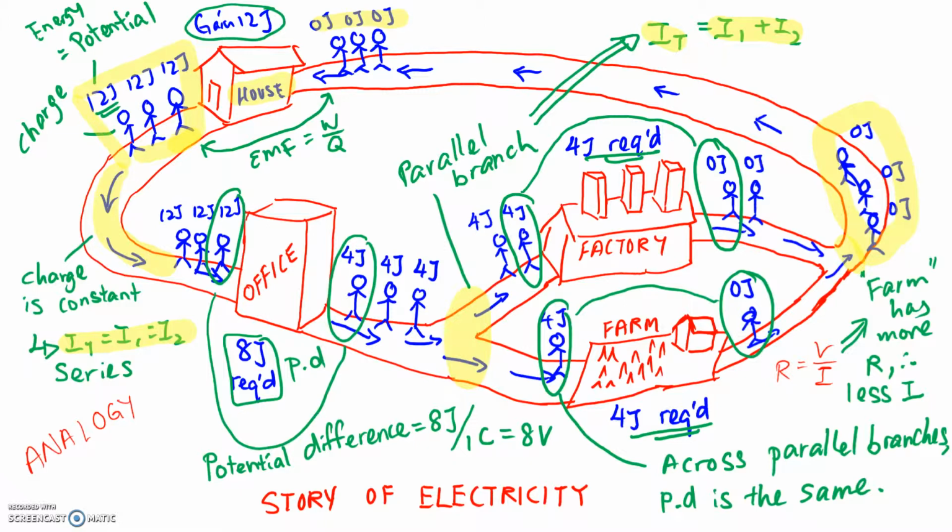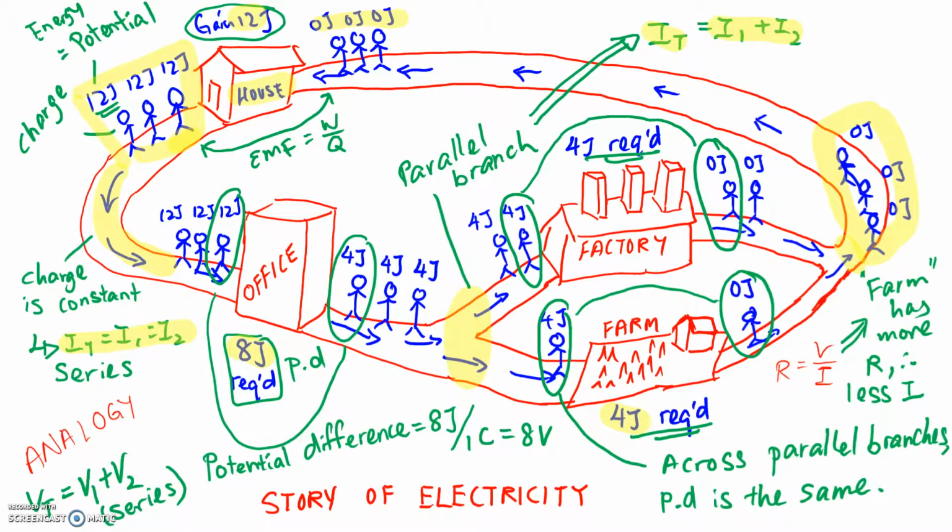And you also realize that over here the house has 12 joules of energy, so each coulomb of charge has 12 joules of energy. So when they go past the office and the farm, the potential difference is 8 plus 4, therefore 12, which equals the total EMF. That highlights the idea that V total equals V1 plus V2 in a series circuit. So this is for series.